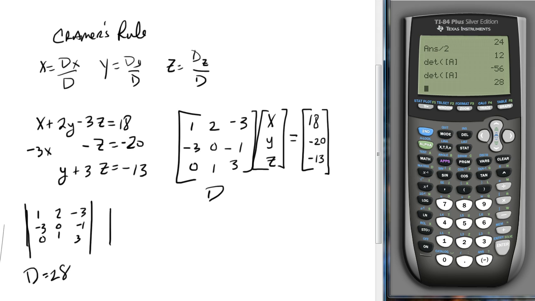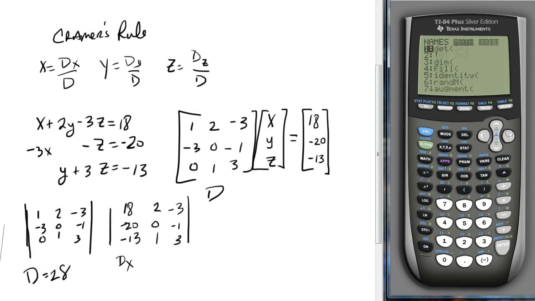So let's find dx. Remember, we swap out. So it's 18, negative 20, and negative 13. Keep the other ones: 2, 0, 1, negative 3, negative 1, positive 3. Change the matrix. This time I'm just going to go right down the line. 18, down, negative 20, down, negative 13, enter.